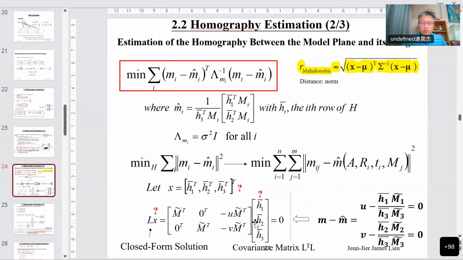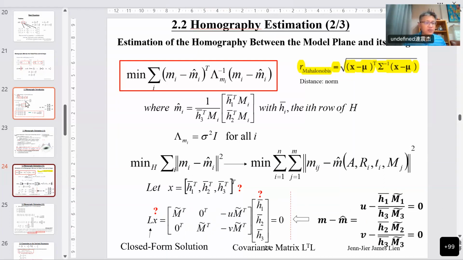So from here we try to solve H. So we put H on one side. The known, the 2D points and 3D points, you know. So we put them on the other side. So this one will be reformatted because we try to solve H. So we will reformat it to be the homogeneous matrix.